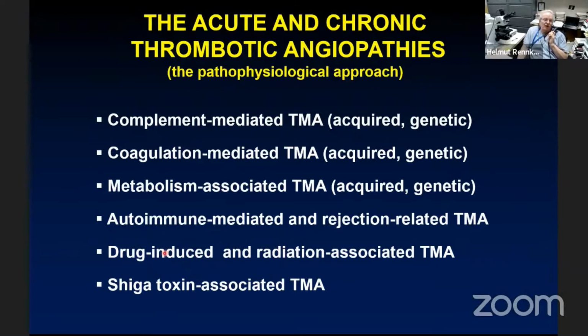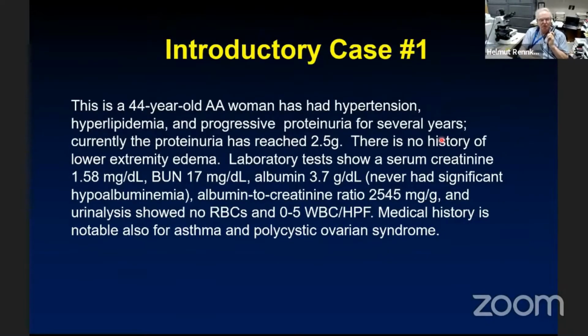Drug-induced is often only the trigger for something that lies underneath the surface, namely one of these other either genetic or acquired conditions. And finally, the more obvious one that has been recognized for quite a while, the Shiga toxin-associated TMA, clearly exogenous, but maybe on the basis of some polymorphism or some abnormality in these other pathways, if you want. So let me show you a case.